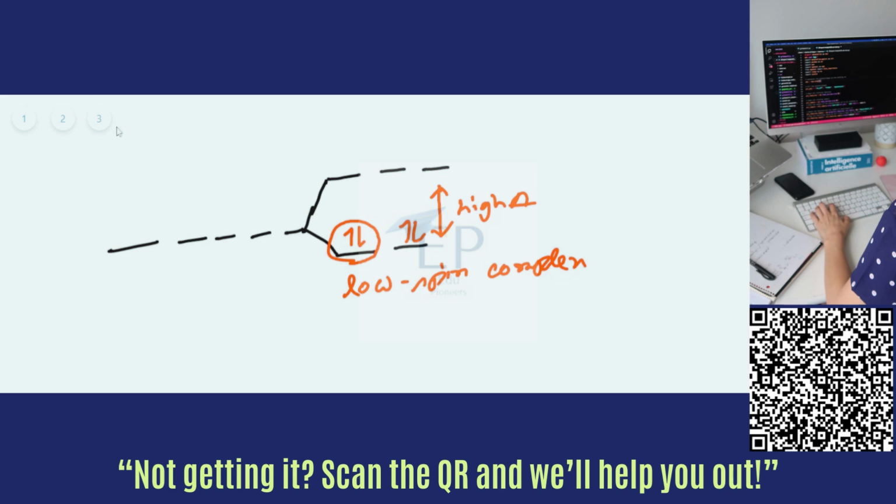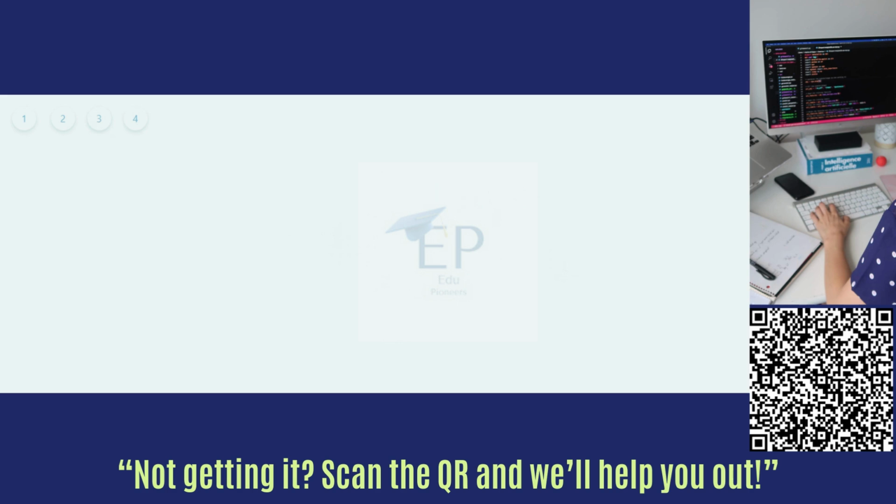And on the other hand, if the orbital splitting is like this, and if the ligand is a weak field ligand, in that case the difference between these energy levels will not be that high, and the electrons from the ligand will be able to go to the upper level also.